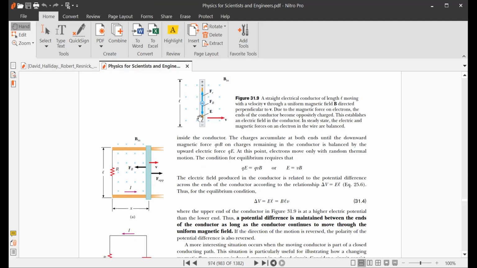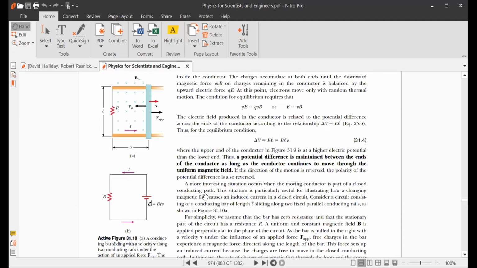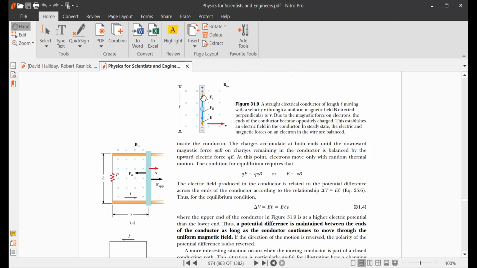This electron goes downward. This is FB here, and this electric force is upward. If it becomes equilibrium, the electric force equals the magnetic force. So we get E equals V times B.